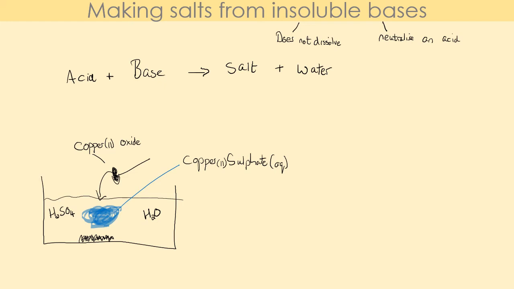At this point, we might want to collect the copper sulfate, in which case we would need to use separating techniques such as filtration and evaporation to get the copper sulfate crystals.